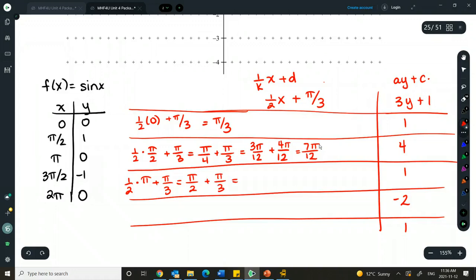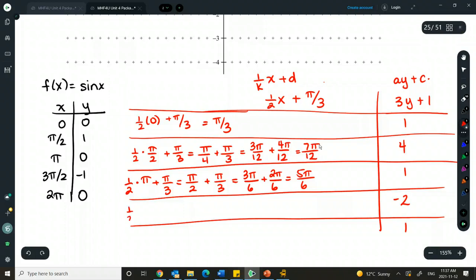So same fraction rules as always. Doesn't matter that there's pi's in there, right? It's okay. Common denominator is 6. This side gets multiplied by 3 to make it 6. This side gets multiplied by 2, so we get 2 pi. 3 pi plus 2 pi, 5 pi over 6.